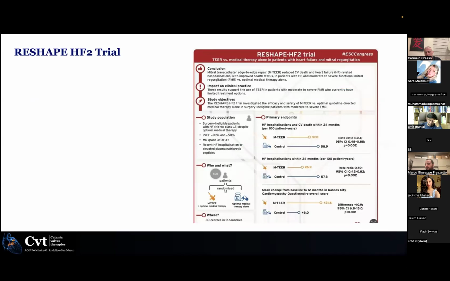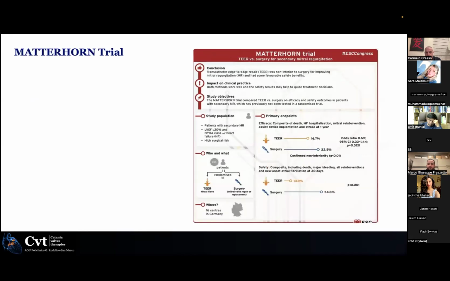And of course, MitraClip improved quality of life, as we have seen in all the studies and the registries made with the transcatheter TEER technique. These are the results of the MATTERHORN trial, which compared TEER with surgery in secondary mitral regurgitation.